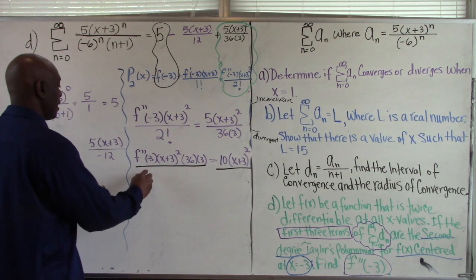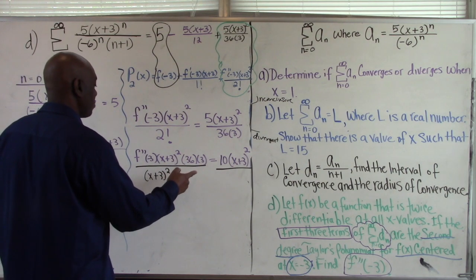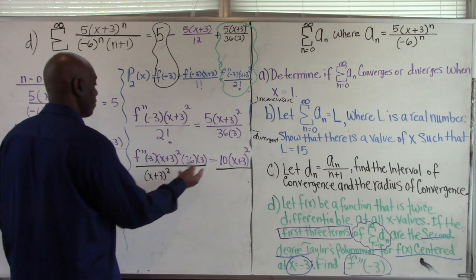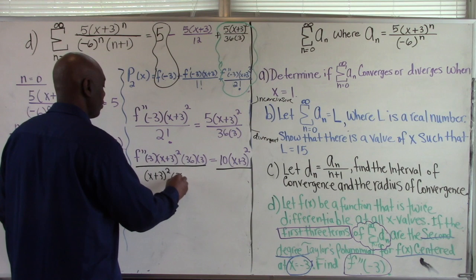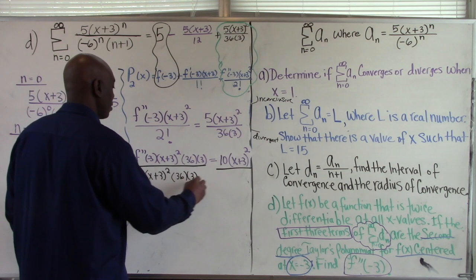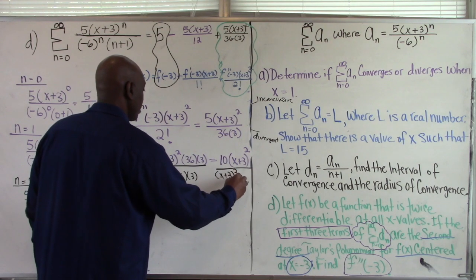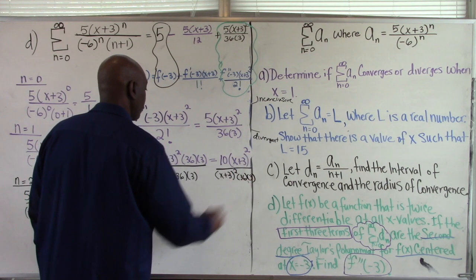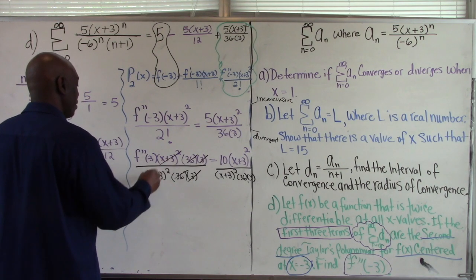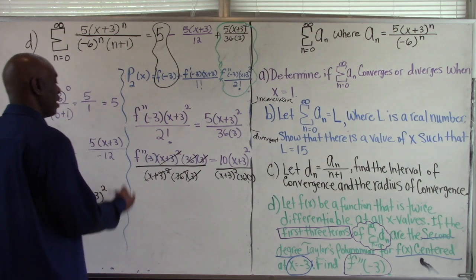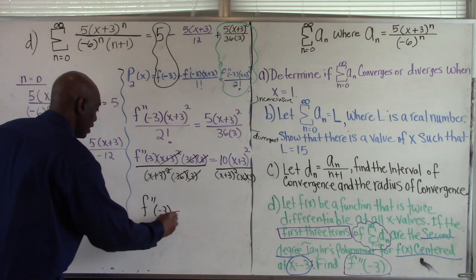And now what you do is you take all of this right here, divide both sides by x plus 3 squared times 36 times 3. I'm just going to leave it like that. Over here you have x plus 3 quantity squared times 36 times 3. Alright, 3 cancels, 36 cancels, x plus 3 quantity squared cancels, and all you're left with is f double prime of negative 3 equals.